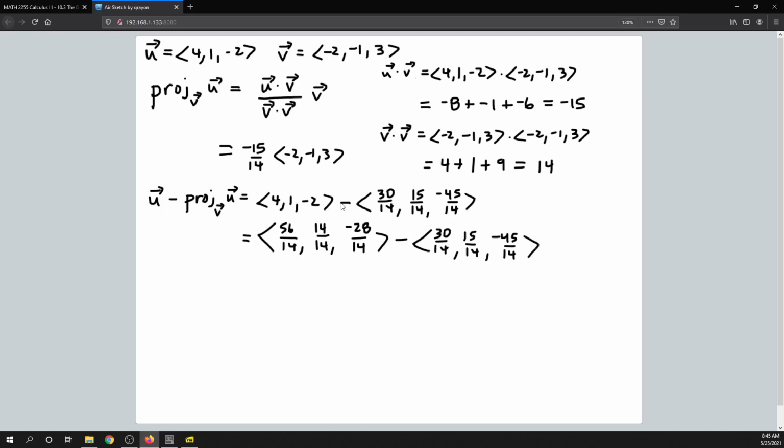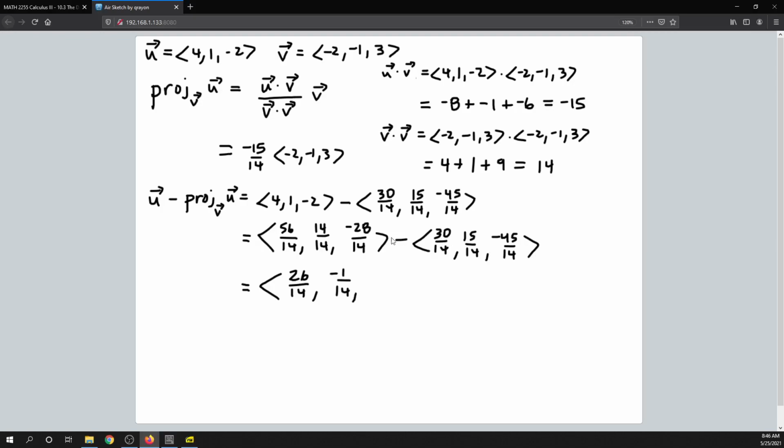And then go ahead and subtract that out. 56 minus 30 would be 26 fourteenths. 14 fourteenths minus 15 fourteenths would be minus 1 fourteenth.